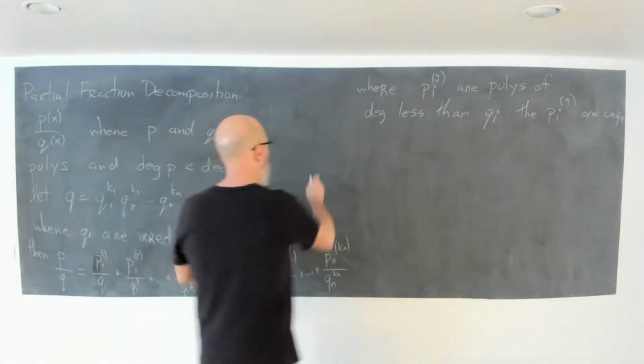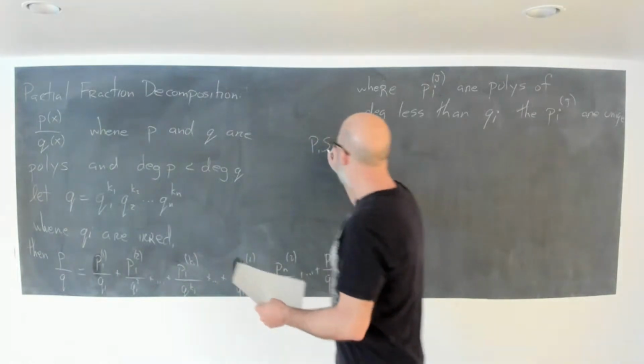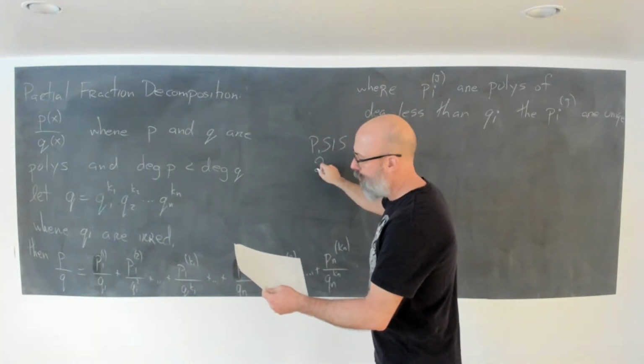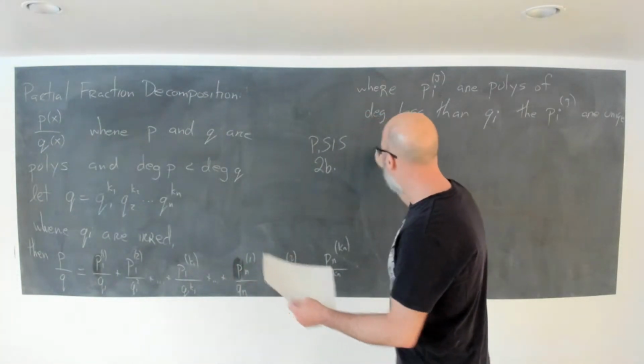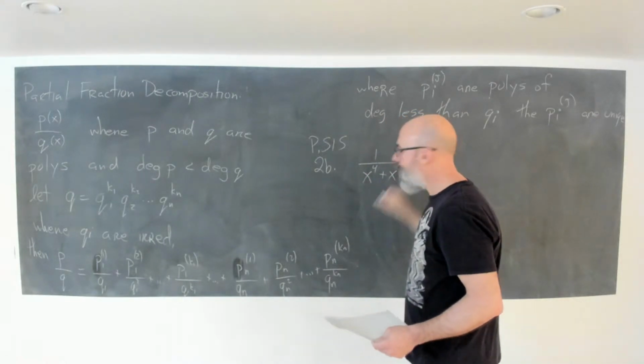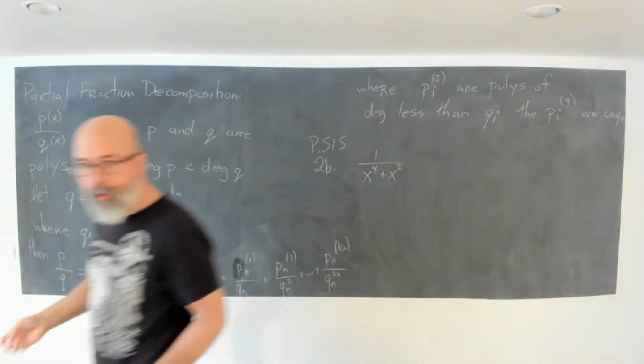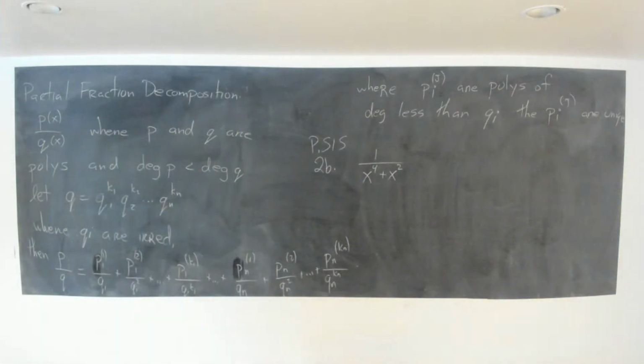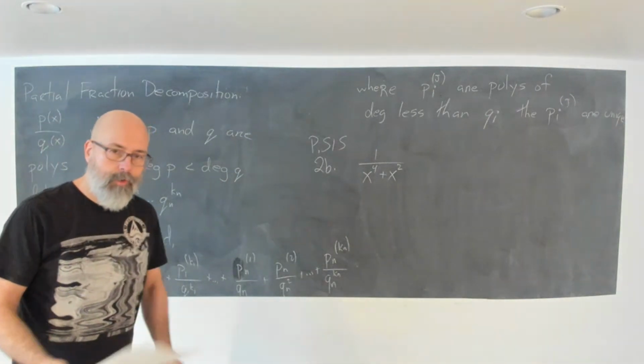Let's illustrate with an example. Last time we considered this one. We didn't completely do it, so let's do it now. Well, actually, the question is asking us to write out the form, do not solve.